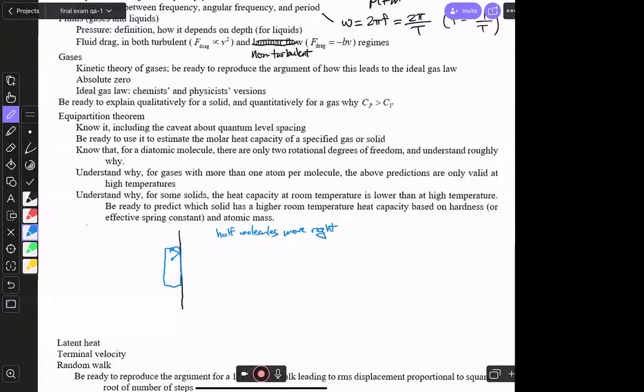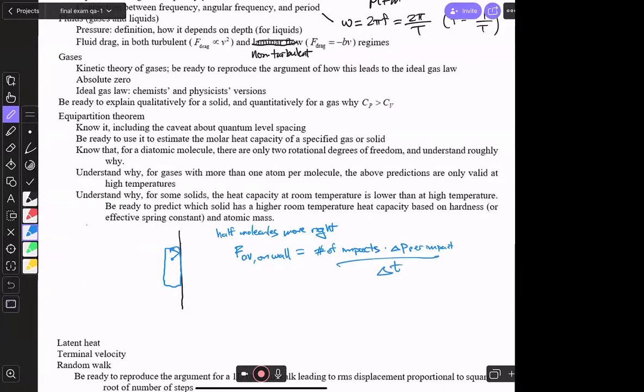And we said then the average force exerted on the wall will be equal to the number of impacts times the delta P per impact divided by the time over which that occurs.